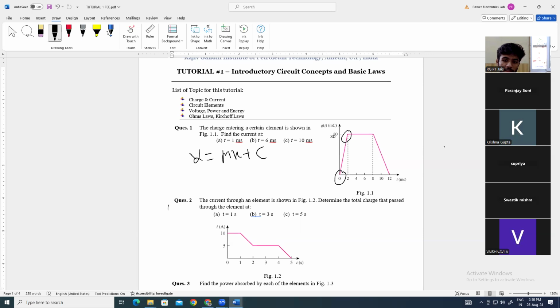Since it's passing through the origin, the c coefficient would be 0. And the equation of the line would just depend on its slope. How is the slope calculated? y2 minus y1 upon x2 minus x1, right? Is it okay, guys?